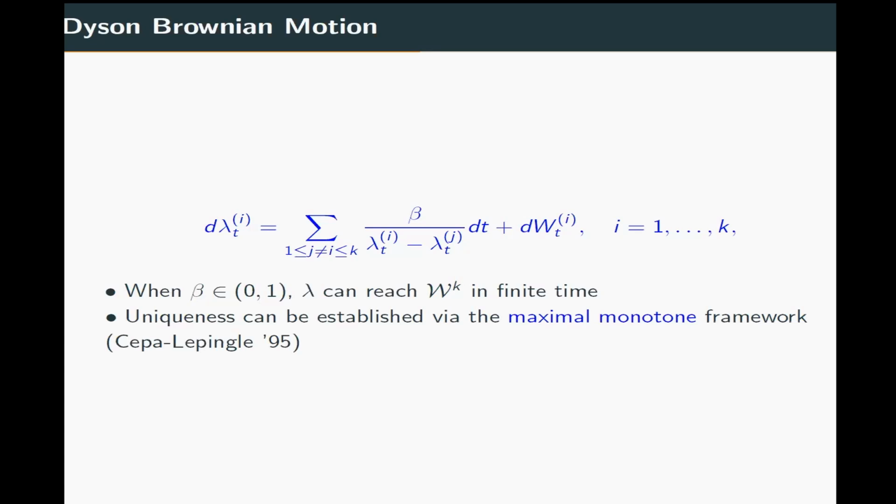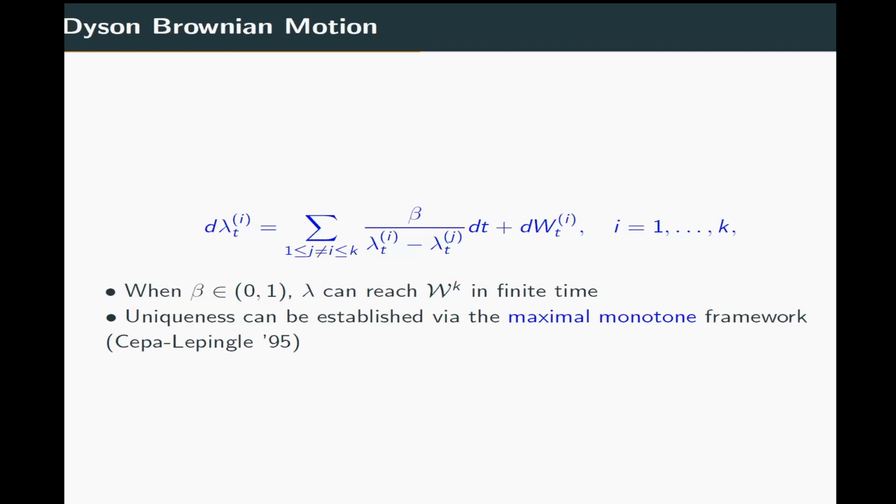Yes, they can do both for beta greater than 0. One thing is the existence; you can have weak existence, right? And if you want strong, they can show strong pathwise uniqueness using the maximal monotone framework, and so then you get strong existence.